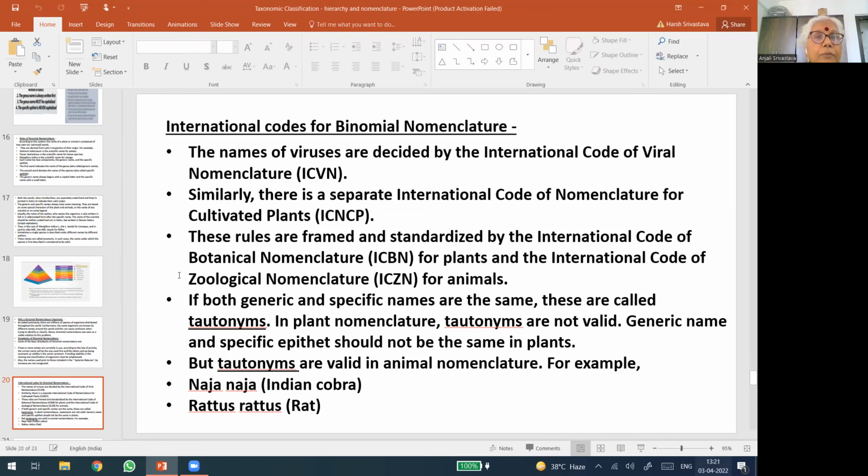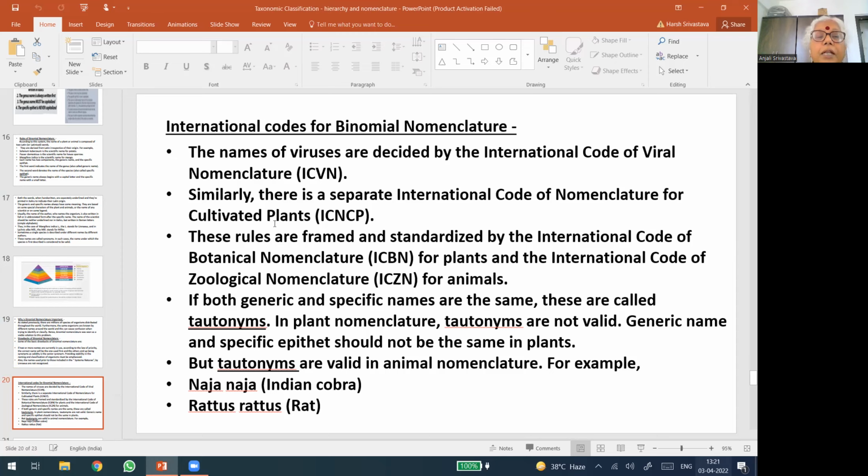As we have discussed, there were many controversies and conflicts, and to sort them all out many international committees were formed, and they have established certain rules to follow for the taxonomic hierarchy, nomenclature system, and binomial nomenclature, and certain codes have been used. For viruses, the international code is ICVN, International Code of Viral Nomenclature.